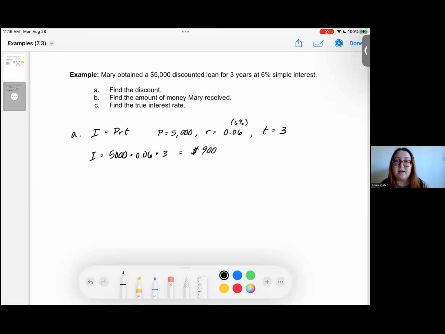So the interest that is calculated for the amounts that we are given right now is $900. So the discount is $900. So your discount is just the amount of simple interest you would have gained during that time.